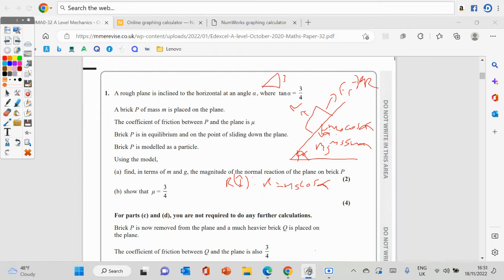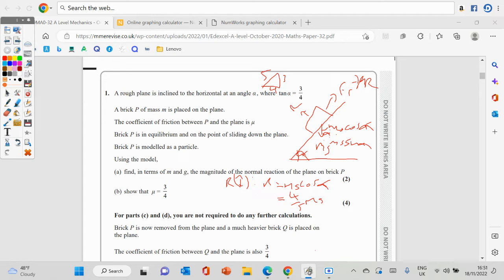A quick diagram will get us that the hypotenuse will be 5. Now we want cos alpha, which will be 4/5. So this is going to be 4/5 mg. Okay, nice and simple for 2 marks.